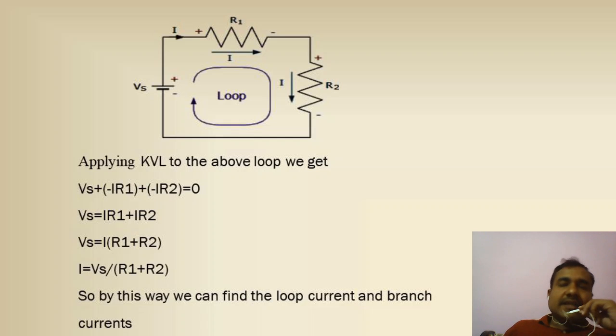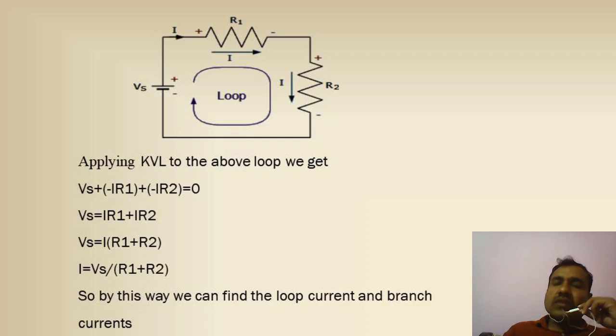Now let us consider a network here, consisting of voltage source Vs, resistance R1 and R2. Now can you apply our KVL here? Yes, of course you can, since it contains a closed loop. Now I told you that these voltages have to be taken with a proper sign.